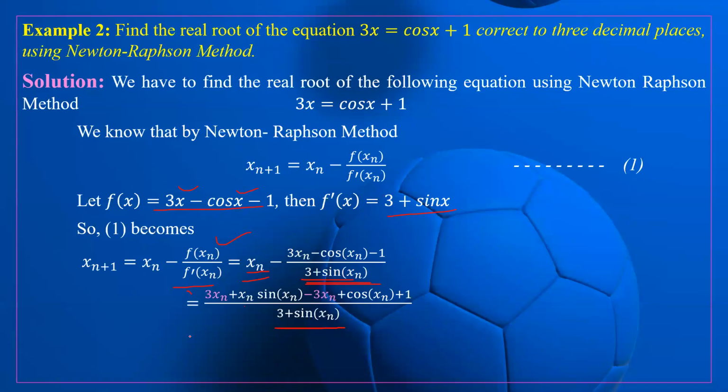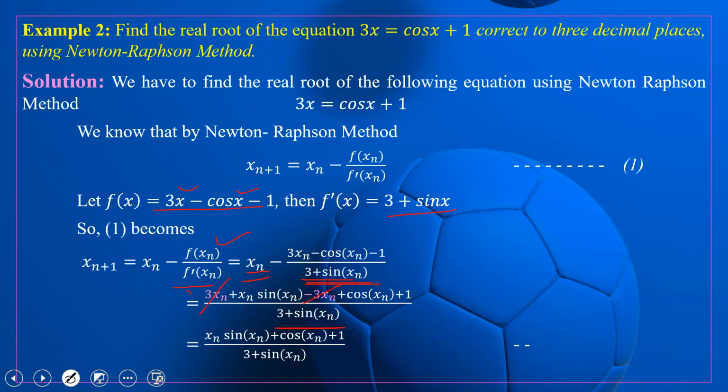These two terms, 3xn and minus 3xn, cancel. So we get xn sin xn plus cos xn plus 1 divided by 3 plus sin xn. This is the value of xn plus 1.